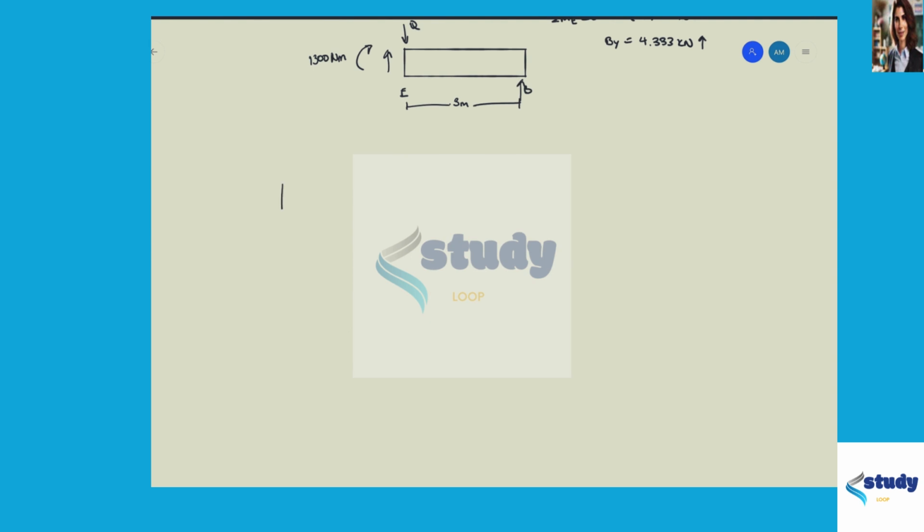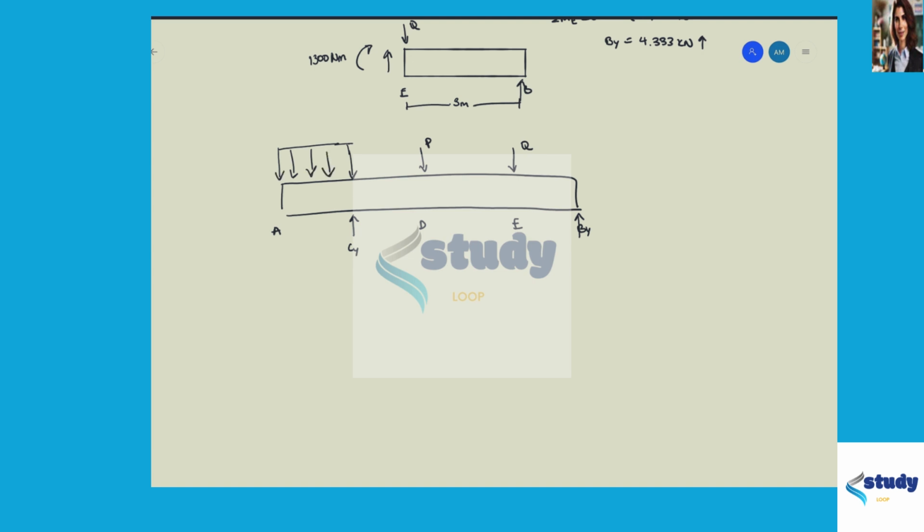So that's just going to be, we got A, we got B, D is in the middle, and C. We have P, we have Q, and each distance is 0.3.